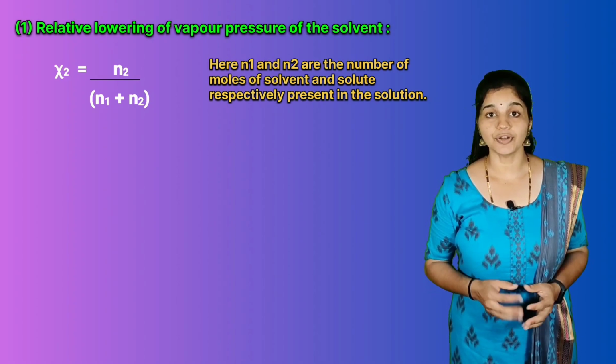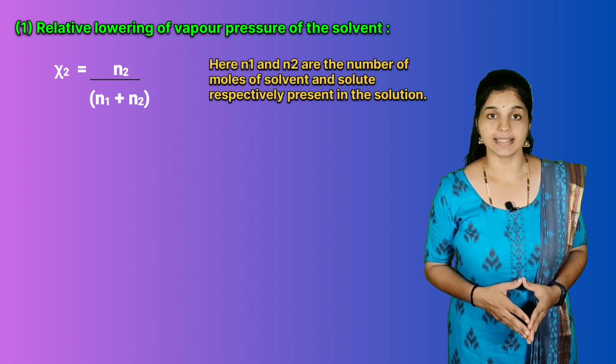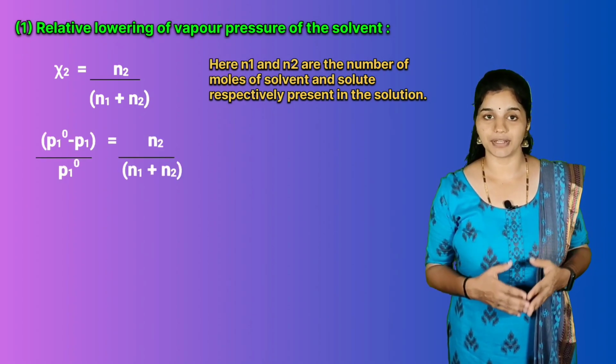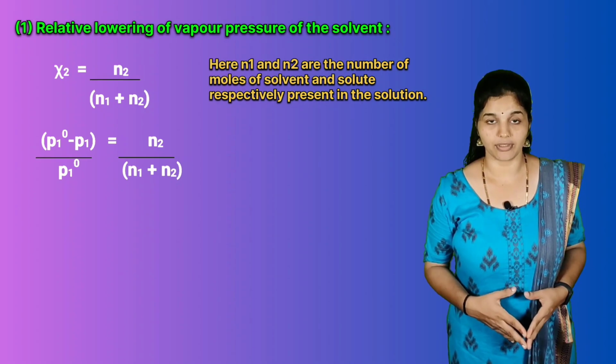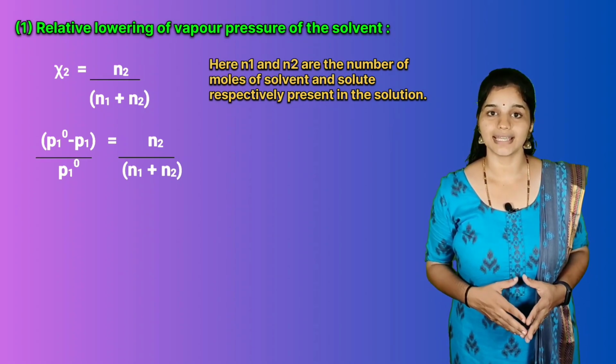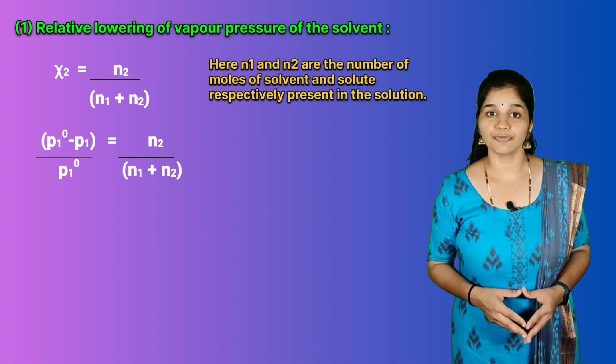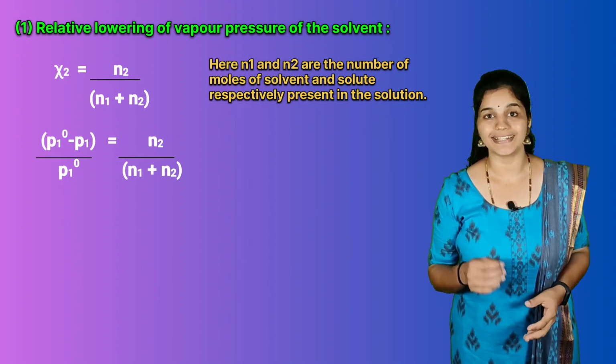So the expression for lowering of vapor pressure can be written as (P1⁰ − P1)/P1⁰ = n2/(n1 + n2). Here n1 and n2 are the number of moles of solvent and solute respectively.